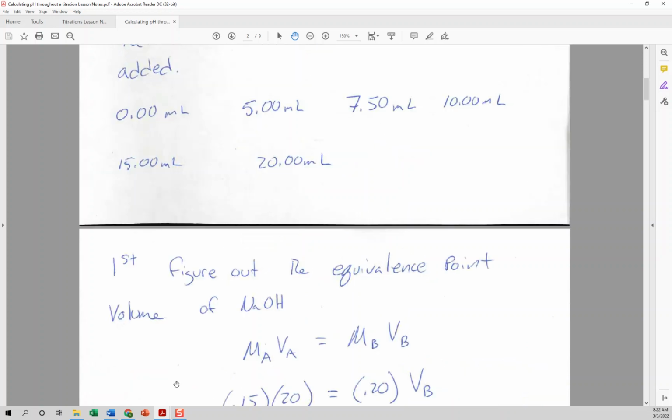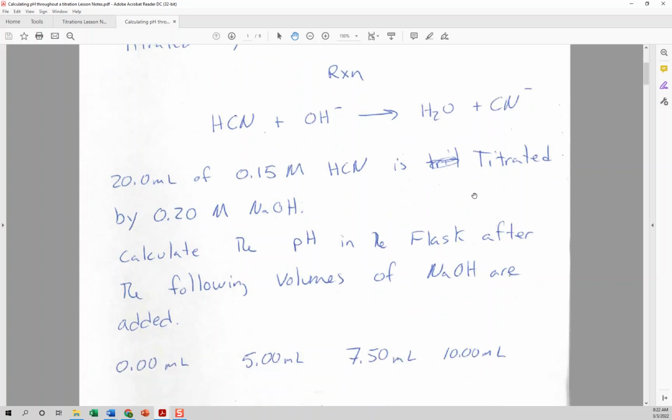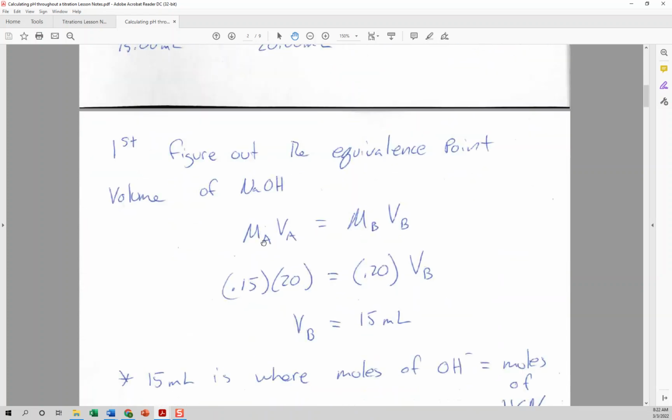If moles of this equal moles of this, they completely take each other out. So at the equivalence point, you don't have any of this and you don't have any of that. All you have is the cyanide. Yes, you have H2O, and yes, you have sodium ions, but in terms of pH, we only care about the cyanide. So let's figure out the equivalence point, and that's a simple MAVA equals MBVB calculation.